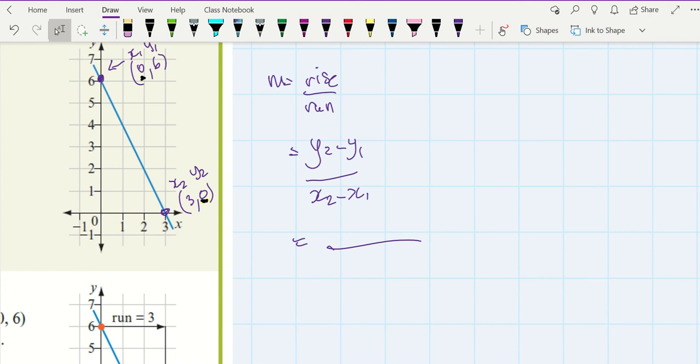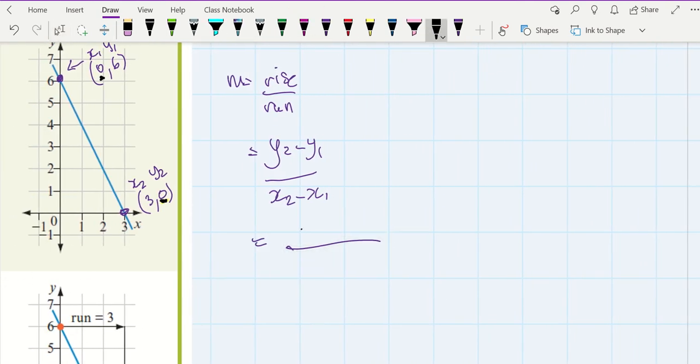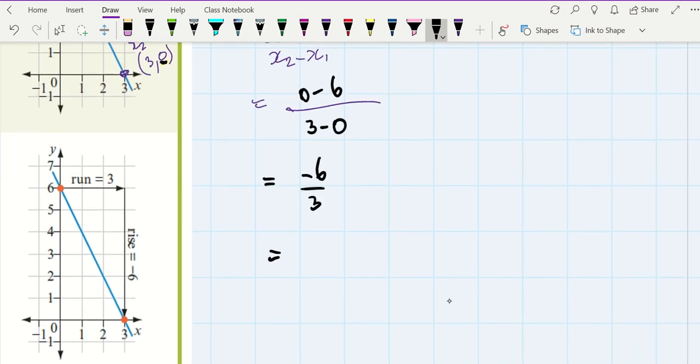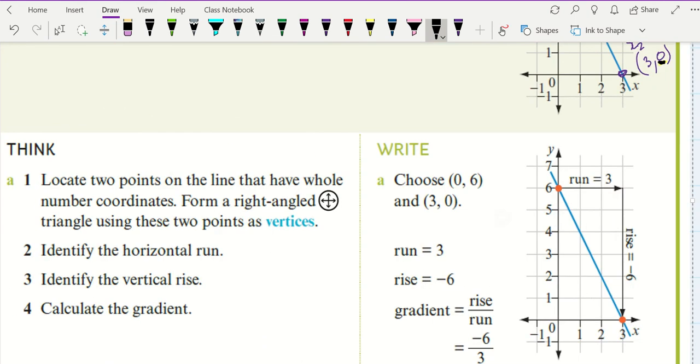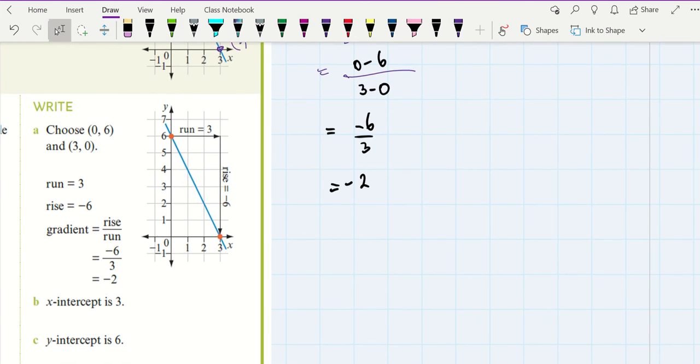So my y2 value is 0, take y1, which is 6, and then x2, which is 3, take 0. Now 0 take 6 is negative 6. 3 take 0 is 3. So this is going to be a nice easy one, isn't it? 6 divided by 3 is 2. And that's going to be a negative because it's negative 6 divided by 3. So my gradient equals -2.